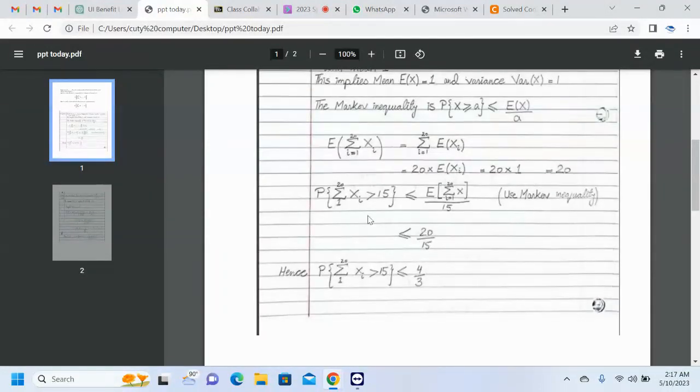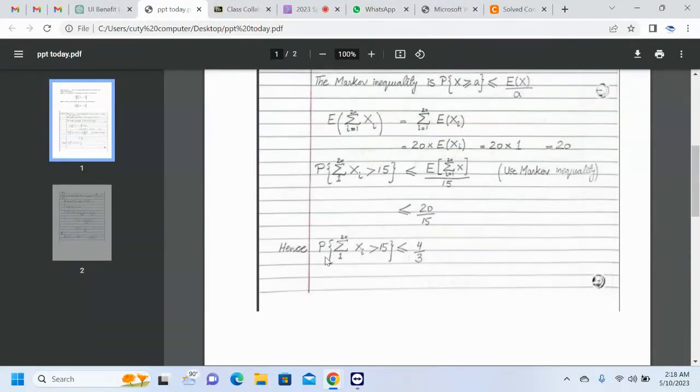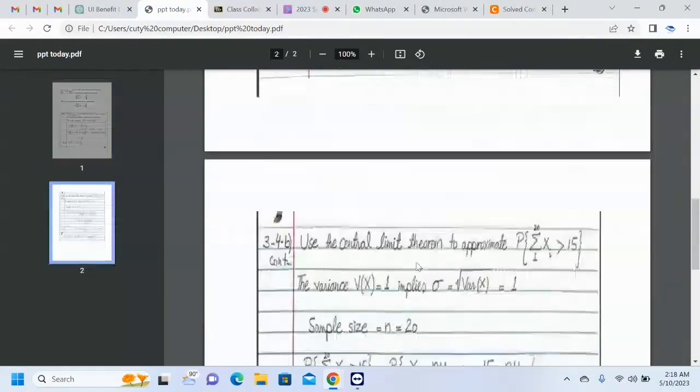For the Markov inequality, we put the value we got above, 20, so it will be 20 over 15. So finally, the probability that the summation of xi from 1 to 20 is greater than 15 is less than or equal to 4 over 3.